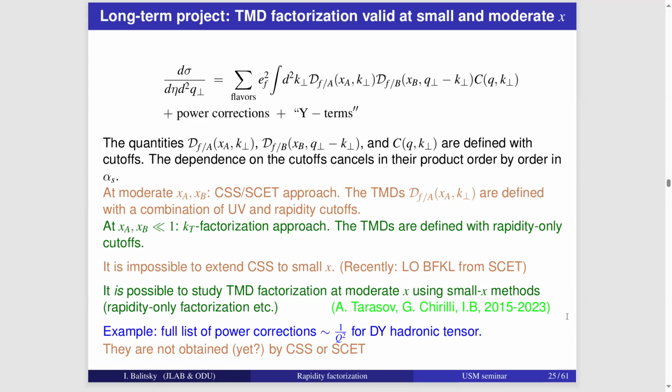So this is suited for fixed-angle scattering, while small x means the Regge limit, where one variable is very large, s, for example, the energy, and the transverse momentum is fixed. CSS considers the case when the energy is large and the transverse momentum is large, they both go to infinity. Therefore, this method cannot describe small-x fields.